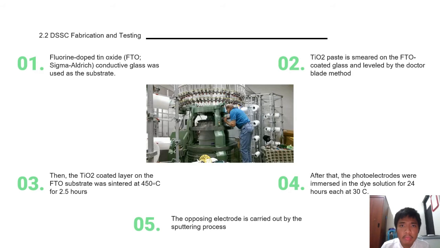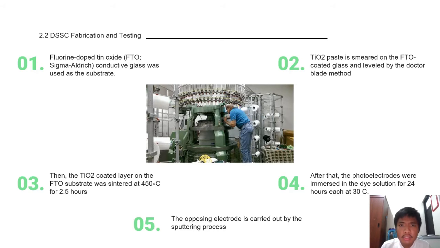The semiconductor was prepared by dissolving 0.24 gram of TiO2 nanopowder, 21 nm Sigma Aldrich, into 4 ml of ethyl alcohol, 99.6% Merck. For number 2, TiO2 paste was smeared on the FTO conductive glass and flattened by the Doctor Blade method until the TiO2 film became a homogeneous layer.